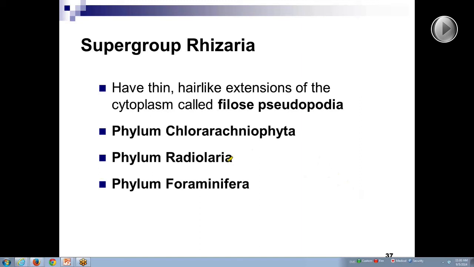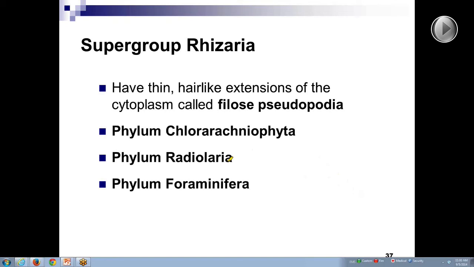The Chlorarachniophyta are named that because they have spider-shaped cells, hence the arachnio part of the name. These spider-shaped cells possess secondary plastids that came from green algae. The radiolarians and foraminiferans are two phyla of ocean plankton. They also produce very beautiful, intricately designed mineral shells.